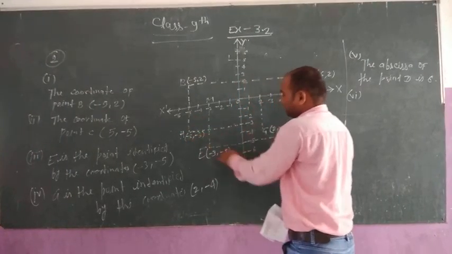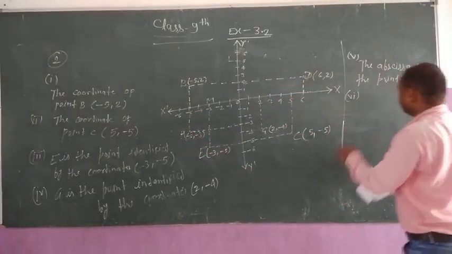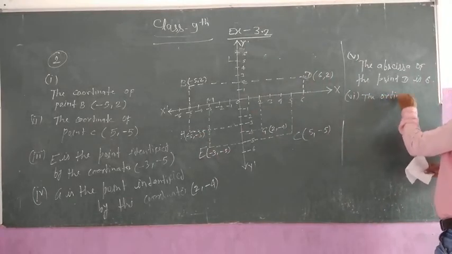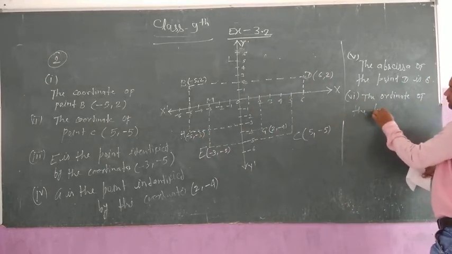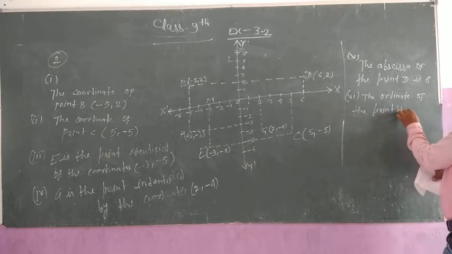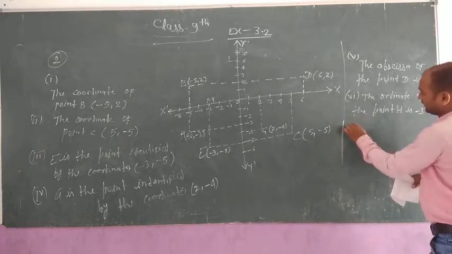So ordinate of this point is -3. Ordinate of the point H is -3.